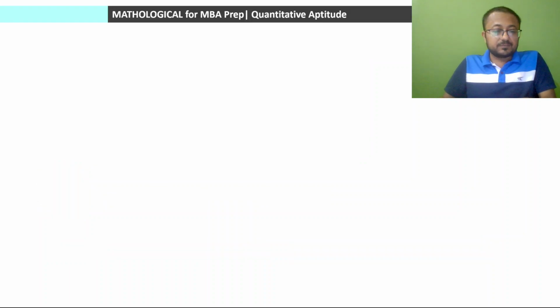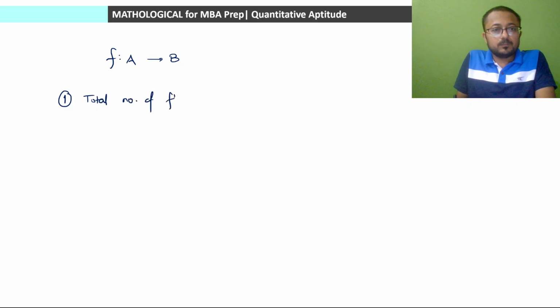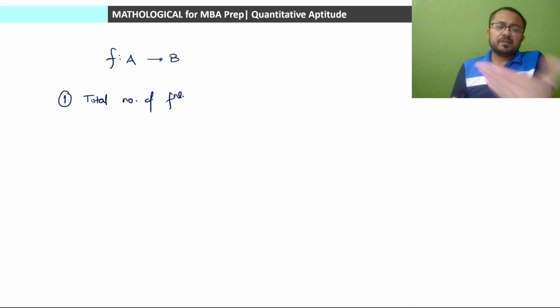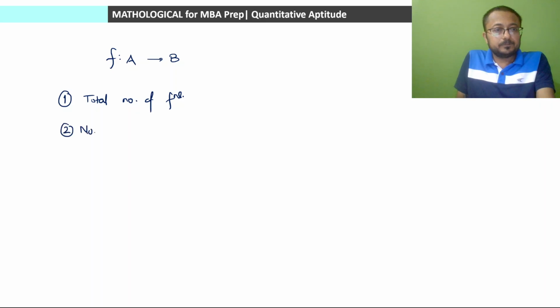So, the agenda of this video is that we'll be discussing number of functions. If a function is defined from a set A to set B, then we'll be discussing how many total number of functions are possible. Total number of functions can be onto or into, can be injective functions. Basically total number of functions possible. And then we'll be doing number of one-one functions, which are injective functions.